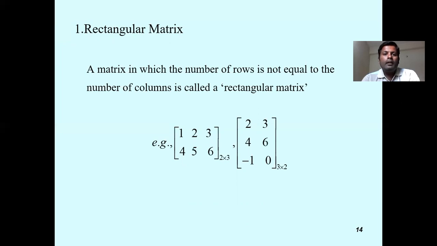See the example 1, 2, 3, 4, 5, 6. 1, 2, 3 is the first row, 4, 5, 6 is the second row; 1, 4 is the first column, 2, 5 the second column, 3, 6 the third column. How many rows are there? Here 2 rows and 3 columns. Then we say it is a rectangular matrix.